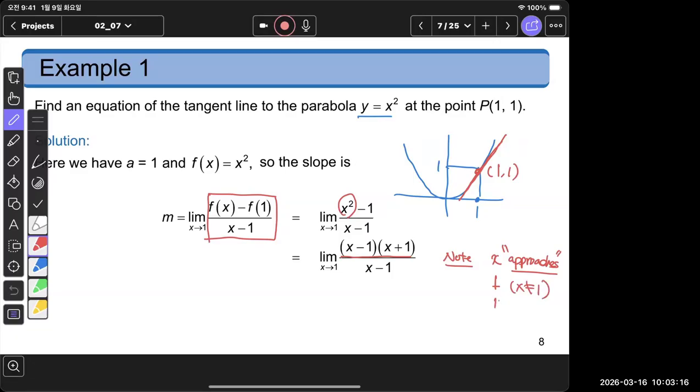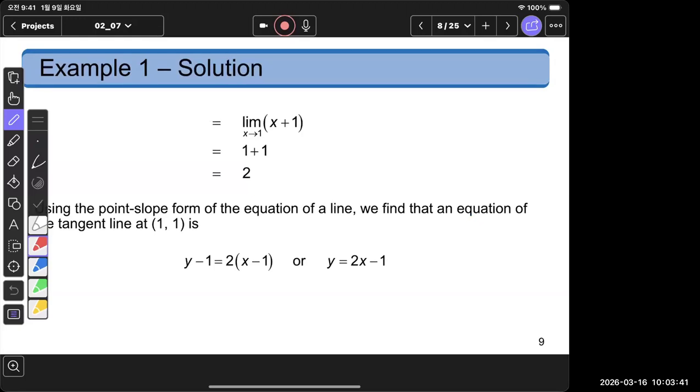That means x minus 1 is not 0 when I consider the limit of this expression. Since x minus 1 is not 0, I can remove that term from both the numerator and denominator. I can cancel that term. Then what remains is just x plus 1. X plus 1 is a polynomial. I can find the limit of this polynomial by evaluating it at 1. So if I plug in that value, you get the value 2.